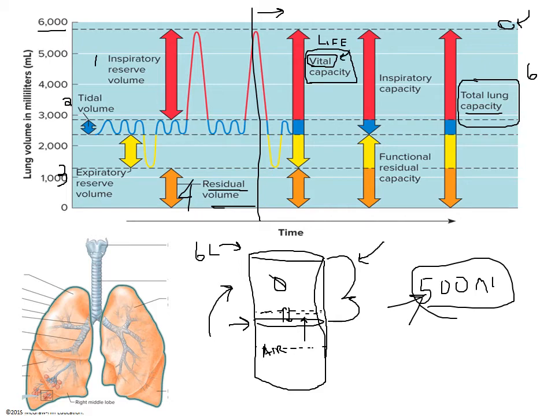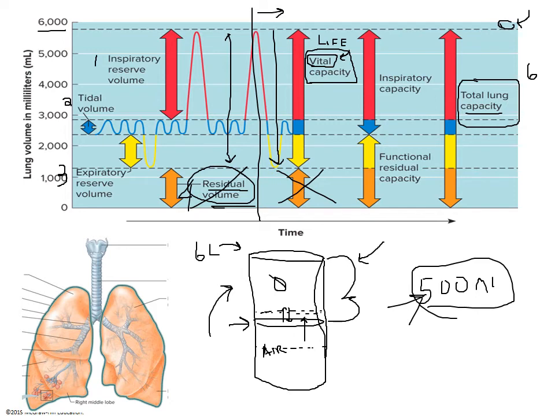So if this is the vital capacity, and capacity is the combined volumes in one way, shape, or form, the combined volumes that lead to life are going to be the 2 reserve tanks and the tidal volume. The residual volume, I have no ability to use to get oxygen from, but I can do that with the other 3. So the vital capacity is the entire lung capacity minus the residual volume.